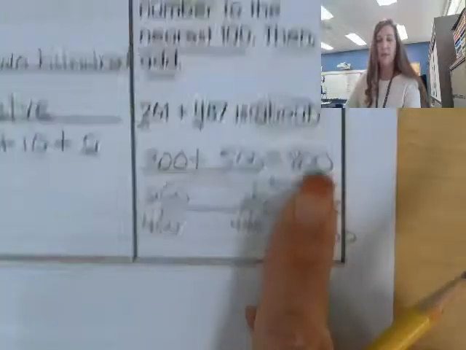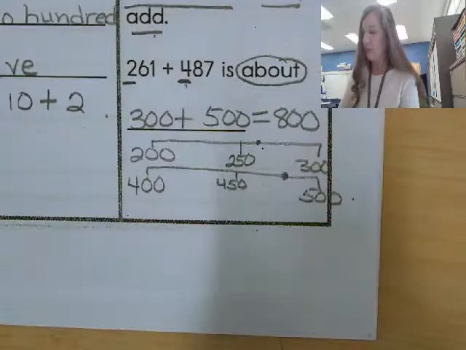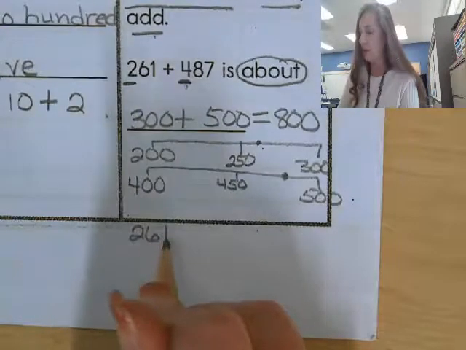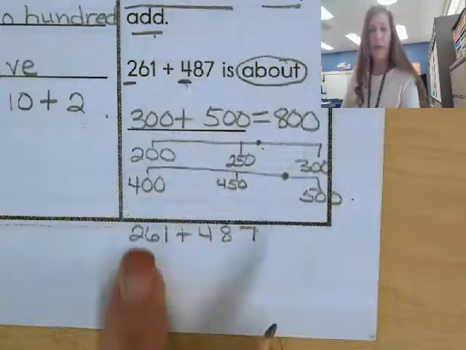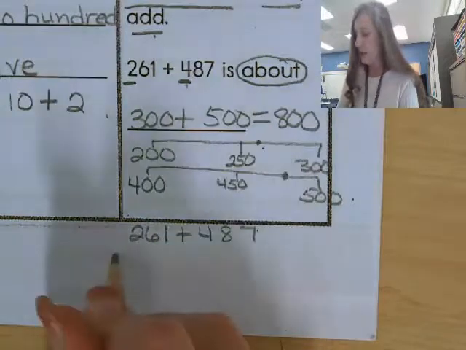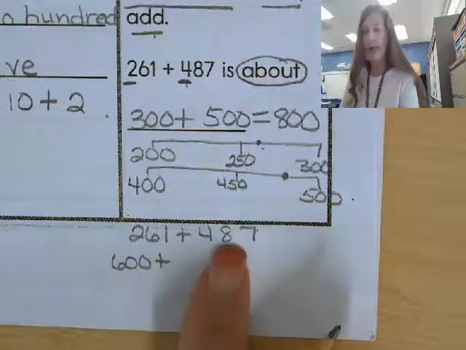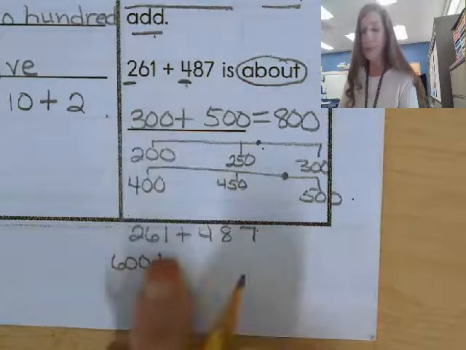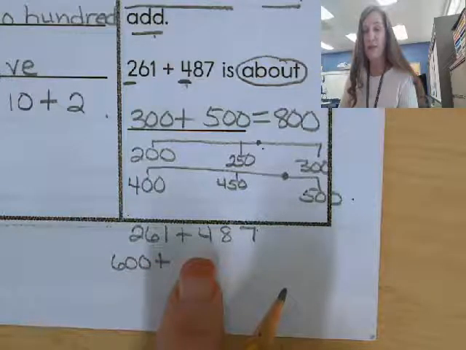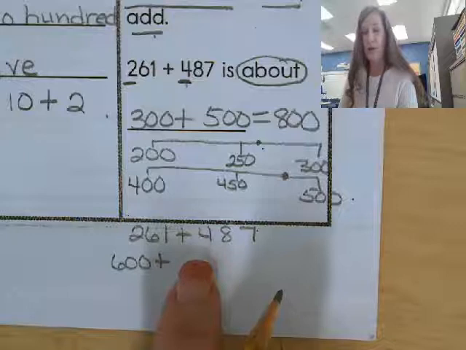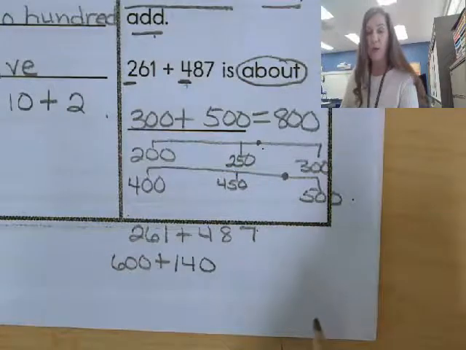So let's see if that actually works out. I'm just going to real quickly take my 261 and my 487, and I know that 200 and 400 is 600, and I know that 60 and 80, now I know 60 plus 60 is 120, so another 10 would be 130, plus 80 would be 140.